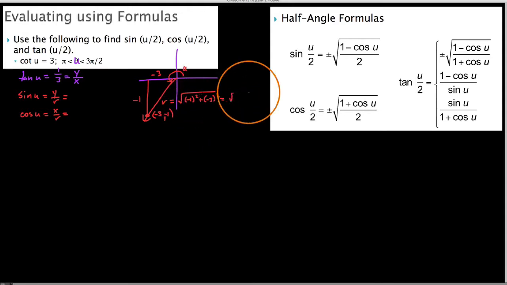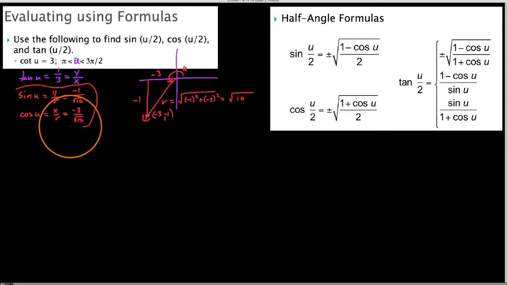In other words, we get the square root of 1 plus 9, which is the square root of 10. So our y over r value would be -1 over the square root of 10, and our cosine value is x over r, which is -3 over root 10.